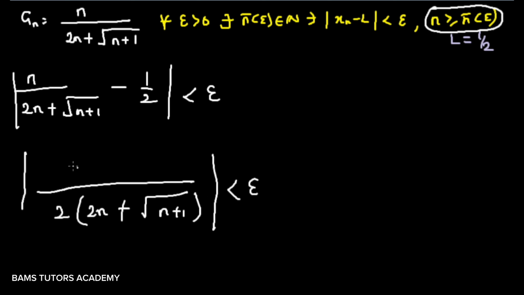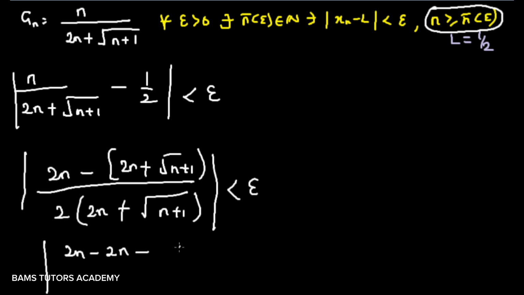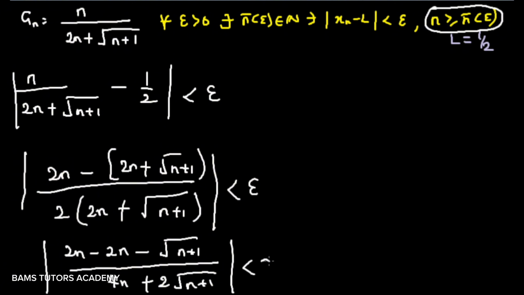So I'll have 2n minus the whole of this, that is 2n plus the root of n plus 1. Opening the bracket, I have 2n minus 2n minus the root of n plus 1, over 4n plus 2 times the root of n plus 1, is less than epsilon.